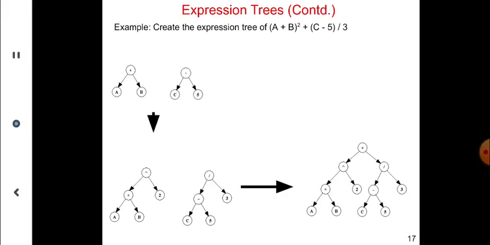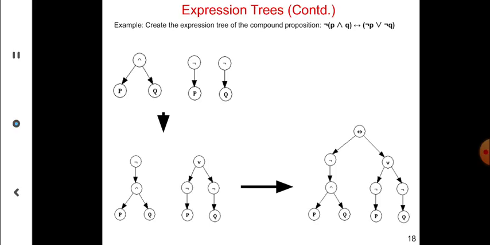On the other hand you have C minus 5 divided by 3, and now you combine them together. In between you have the plus. You can see the leaf nodes are all operands, and the intermediate nodes are all operators. So operators and operands are distributed in the tree.